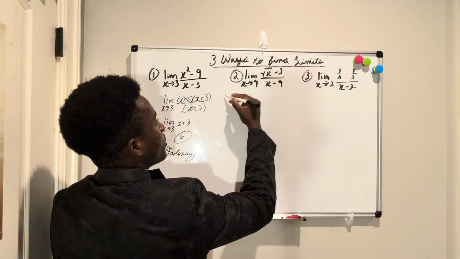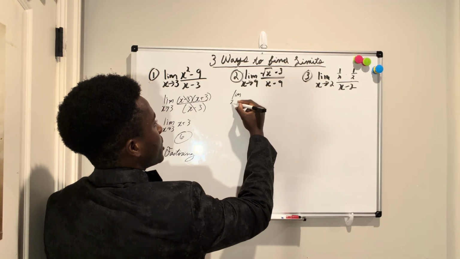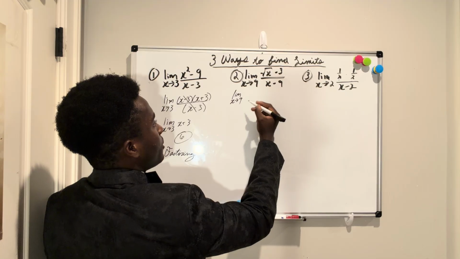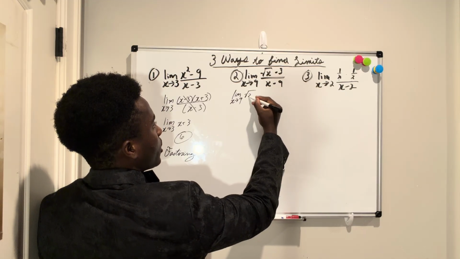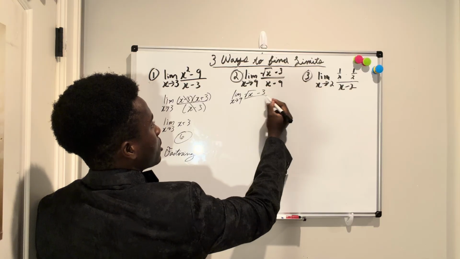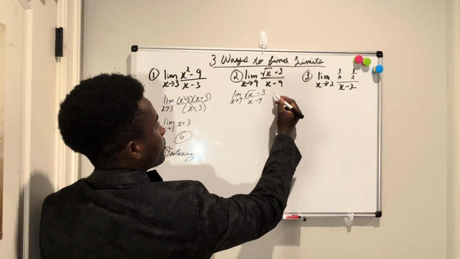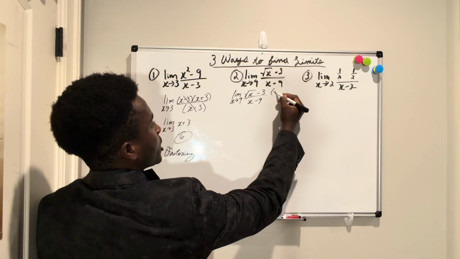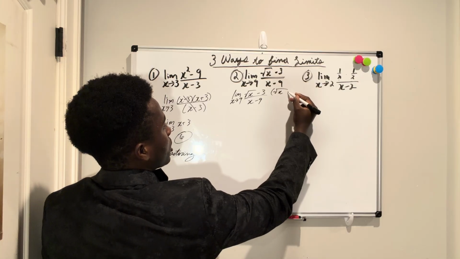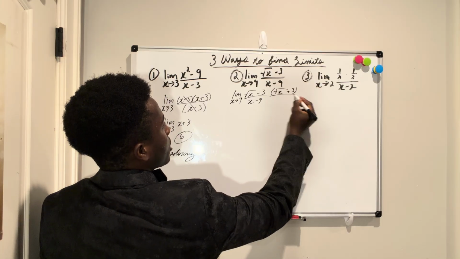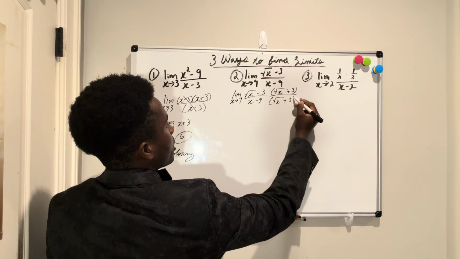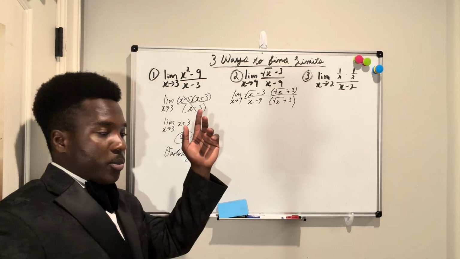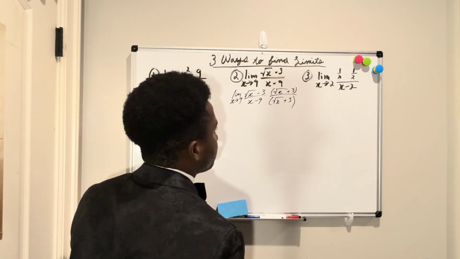So we rewrite our limit right here as x approaches 9, and then we're just going to rewrite this whole thing they gave us, x minus 9, and when we rationalize, we multiply by square root of x plus 3 over square root of x plus 3. What you do on the top, you must do on the bottom. Always remember that.